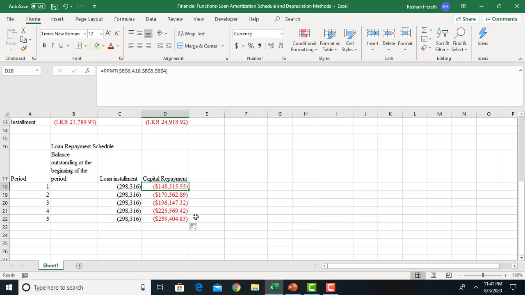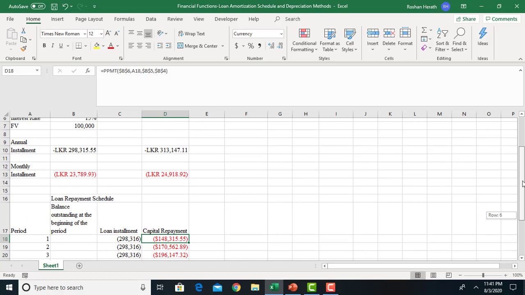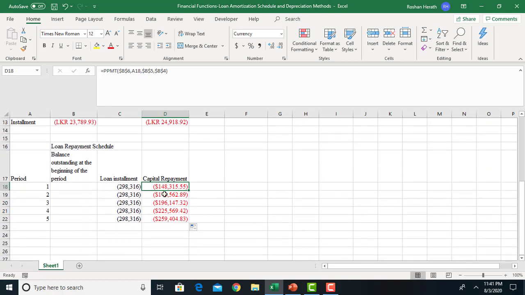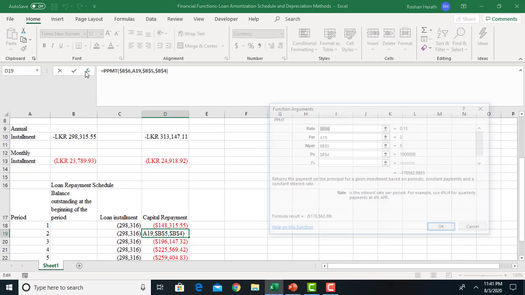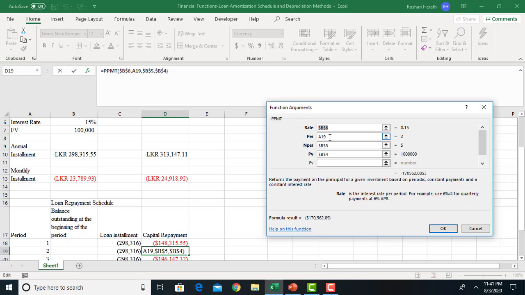So it is nearly 80 to 90% of the loan installment. So that is the reality. And this is how we get the capital repayment. The only important addition is the PER. It must be kept relative, and it's supposed to change from period to period.